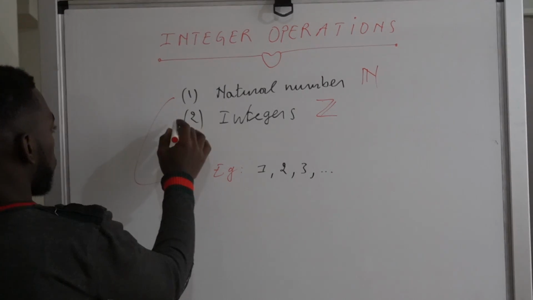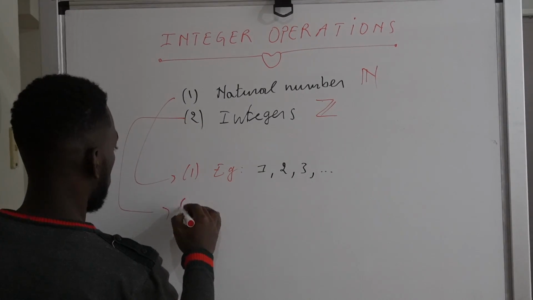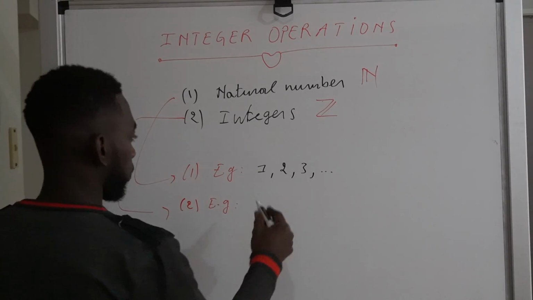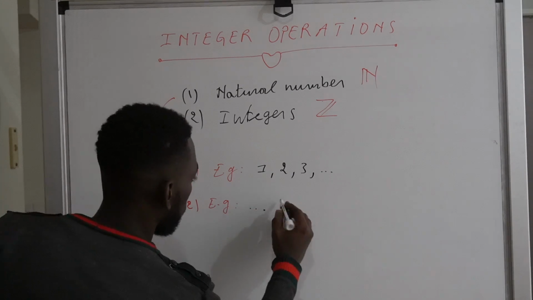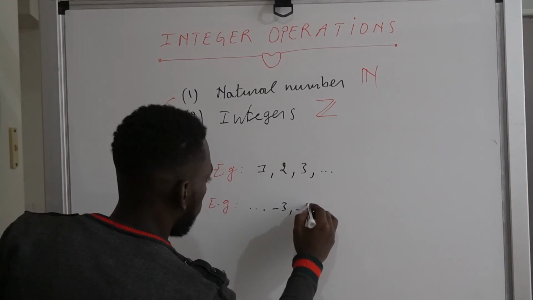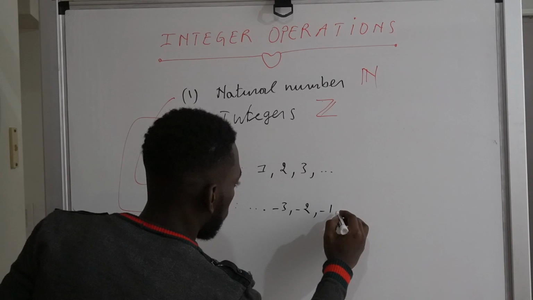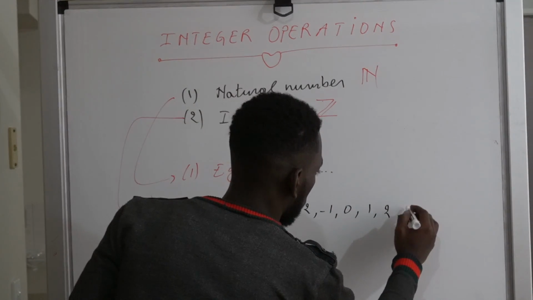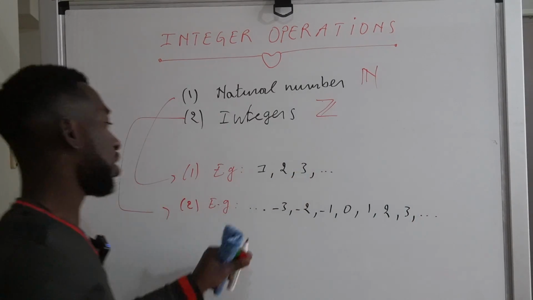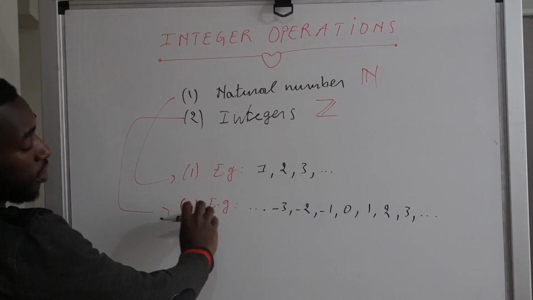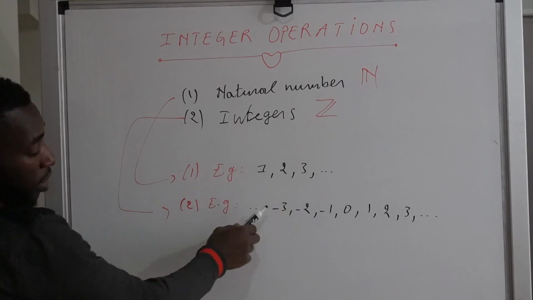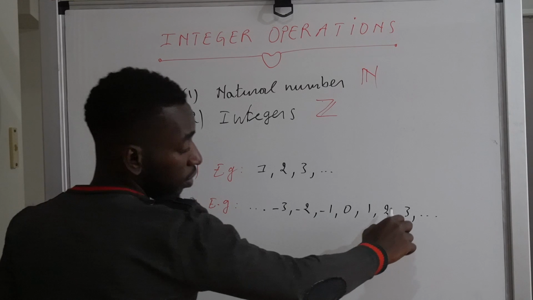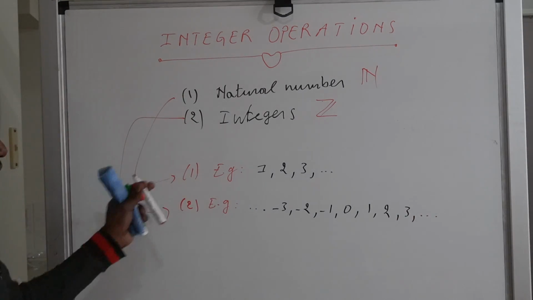However, for 2, we have dot dot dot, -3, -2, -1, 0, 1, 2, and 3. Basically this dot means there are other integers less than -3, and here there are other integers greater than 3. So these are simple examples.